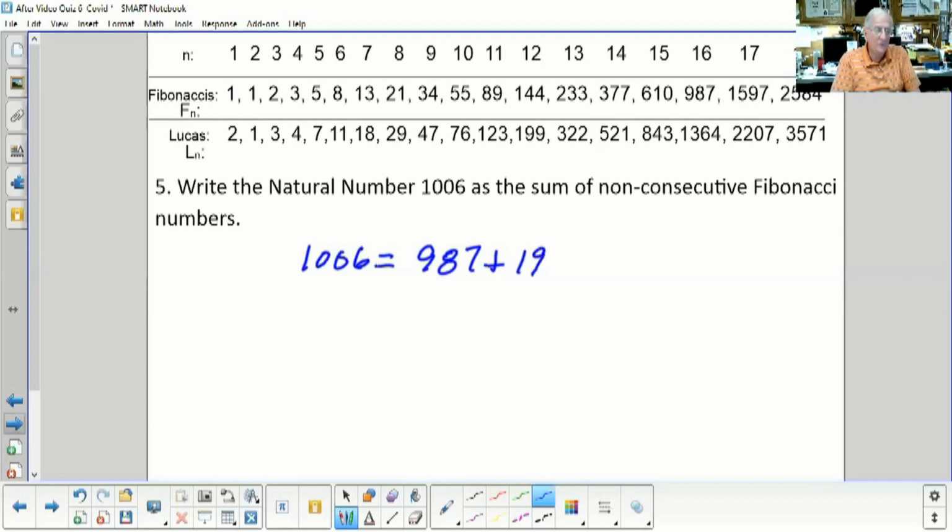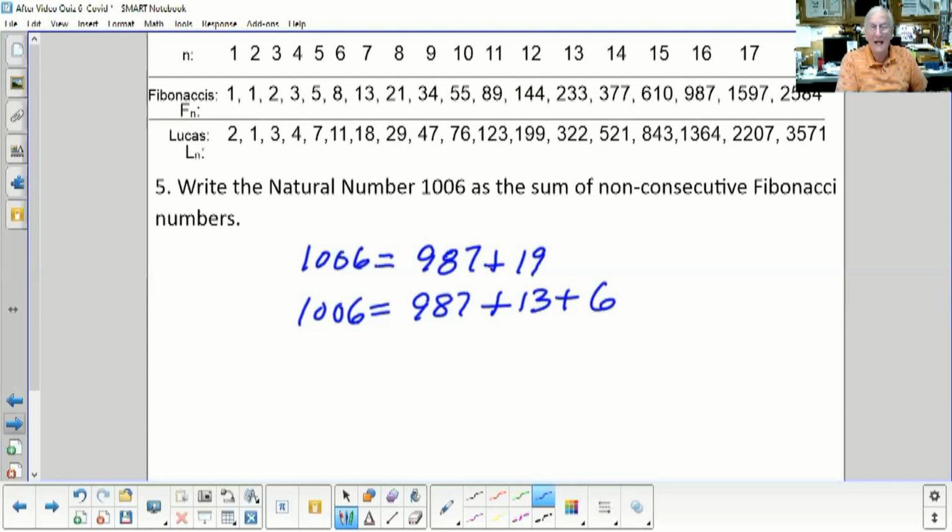Now, is 19 a Fibonacci number? No, it's not, so I have to continue. So I rewrite my 987 plus, what's my closest Fibonacci number to 19 that is smaller? Well, it looks like it's 13. And how much am I missing 19 by? I'm missing by 6.